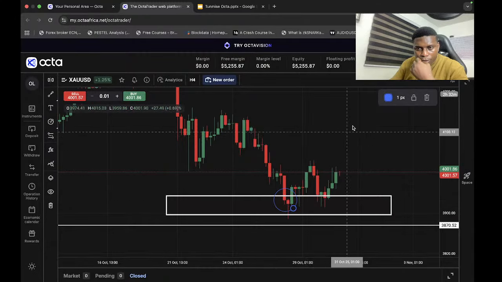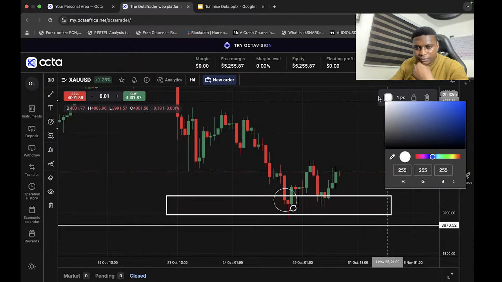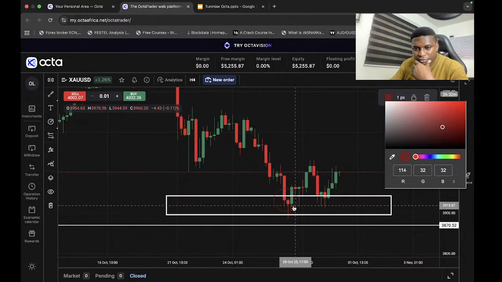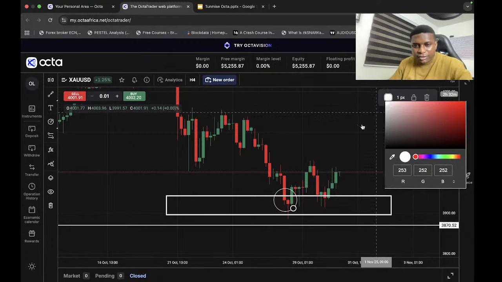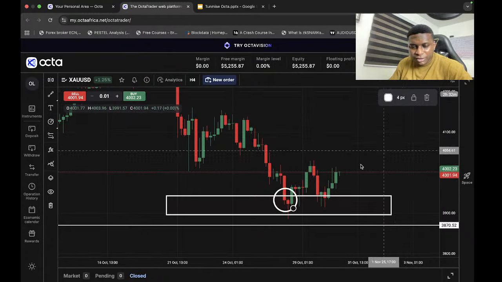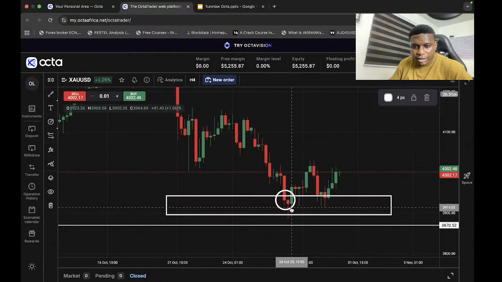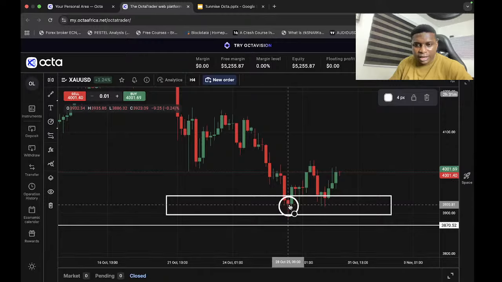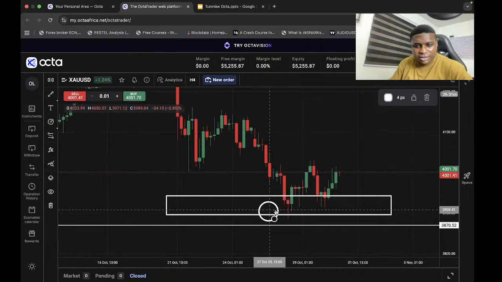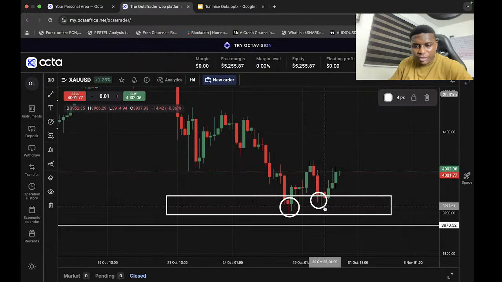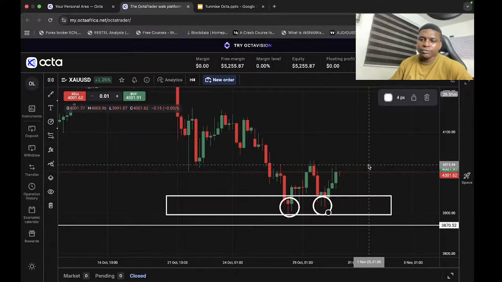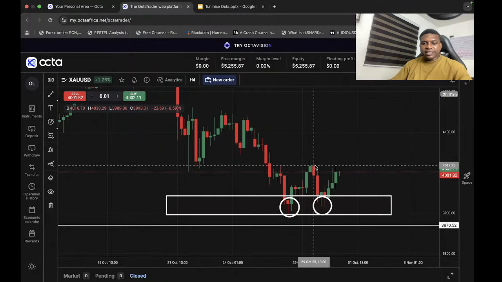Let me get it to be very thick. Good. There's a double bottom here, and let me drop it here, there is also a double bottom here. And this is the neck of the double bottom.